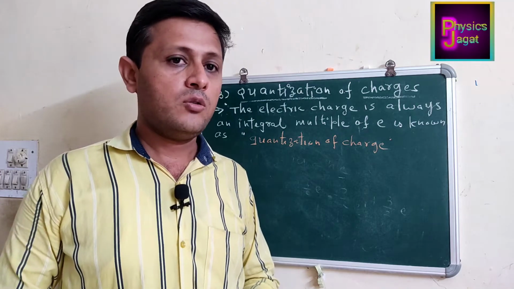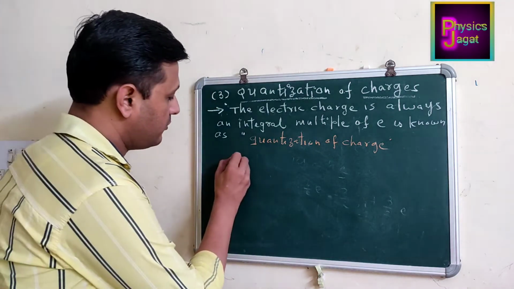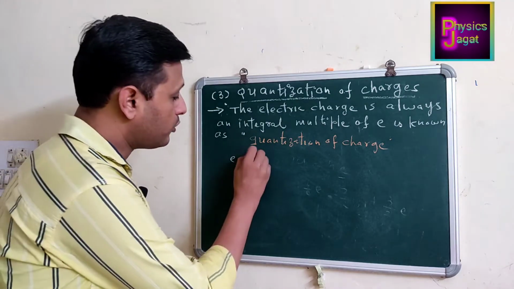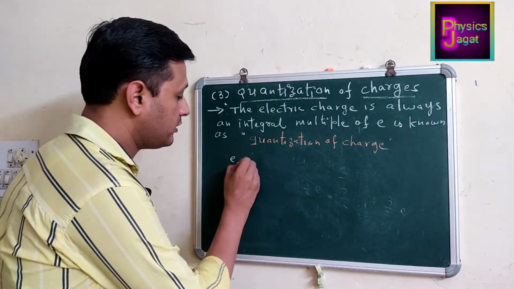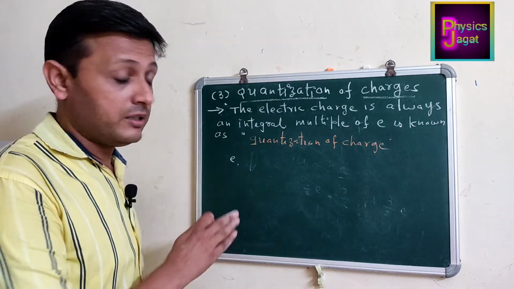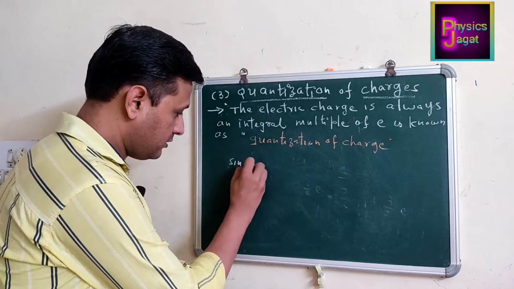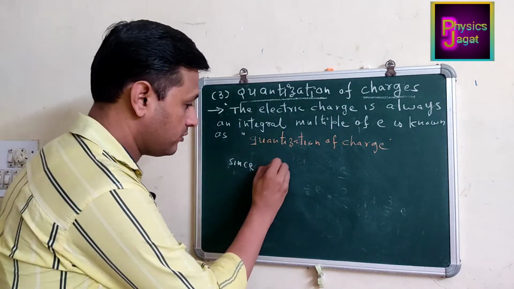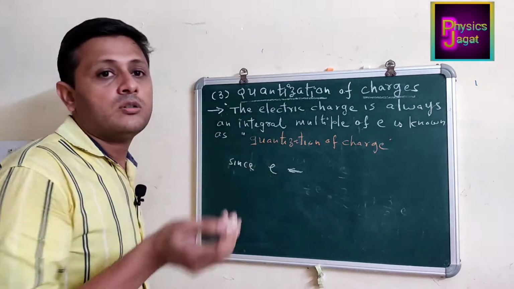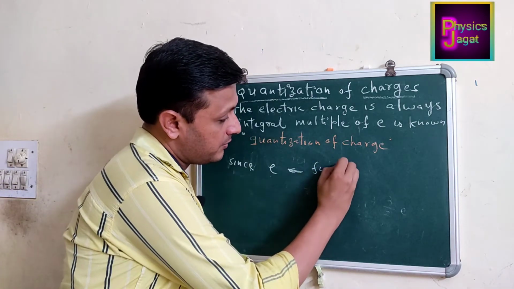Now, as we have seen in the last slide, why did we take electron and proton charge as the basic unit? Why not any other particle? First, let us take the electron. Why electron? You might know that the electron is a fundamental particle.